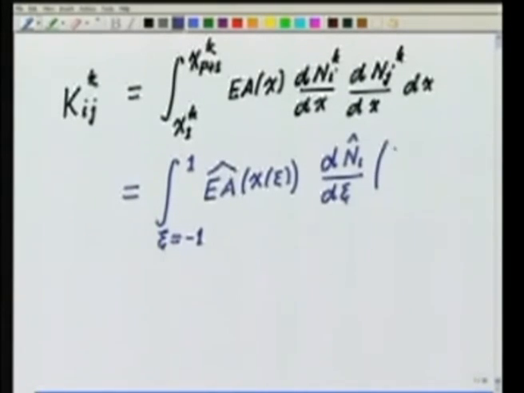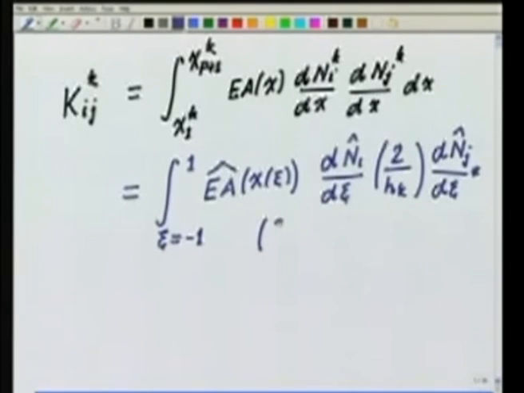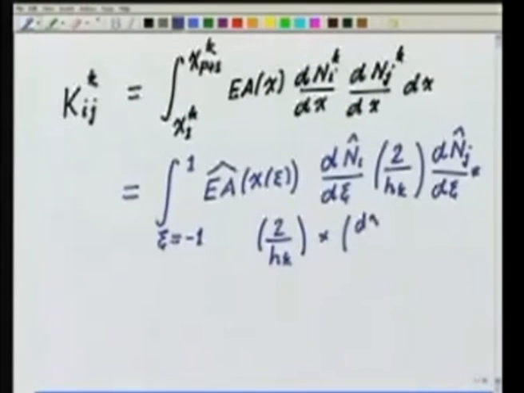And what is d psi/dx? 2 by hk. dN_j/dx will be replaced by dN_j hat/d psi into d psi/dx, which is 2 by hk, and dx will be replaced by dx/d psi times d psi.